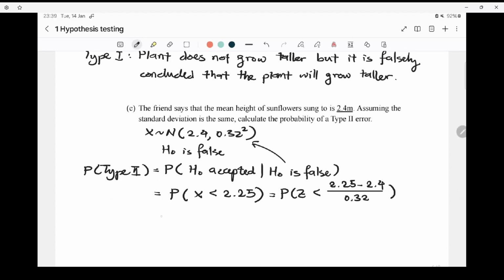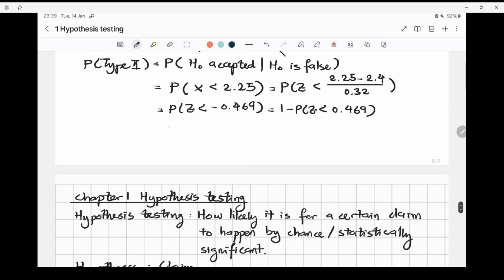So this is P(Z smaller than minus 0.469), and it is 1 minus P(Z smaller than 0.469). Find out the value. So this is 0.3196. This is the probability of type 2 error.